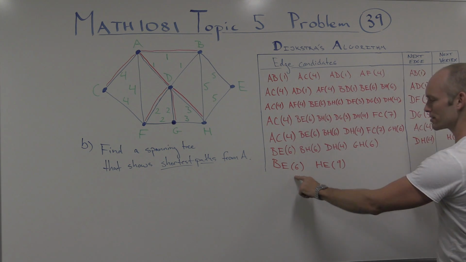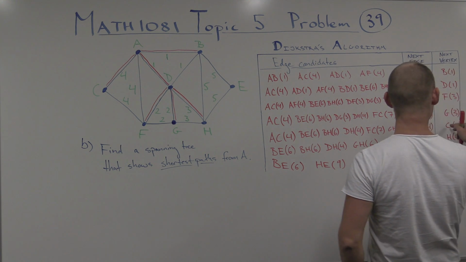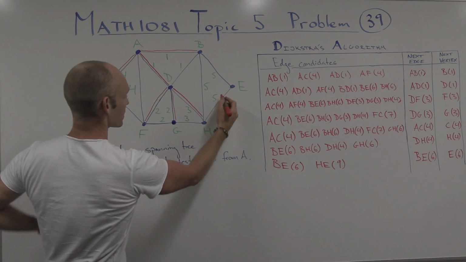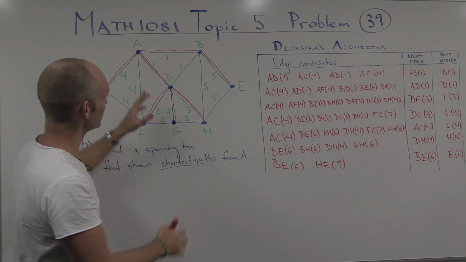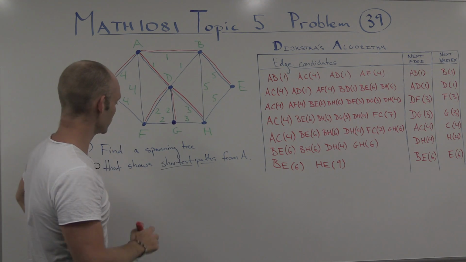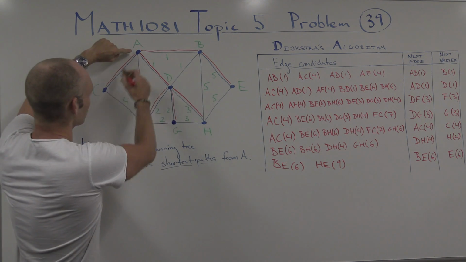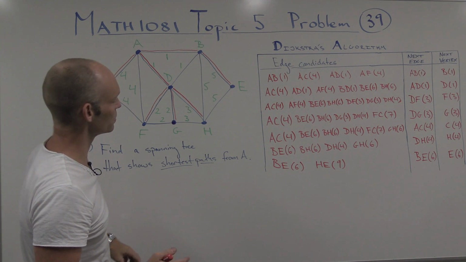And here 6 is smaller than 9, so let's add B to E. And we have finally got 1, 2, 3, 4, 5, 6, 7 vertices added to our spanning, or to our tree, which is now a spanning tree, and it gives in fact the shortest paths from A. So from A we can go along the red lines here to get to every other vertex in the shortest possible way.